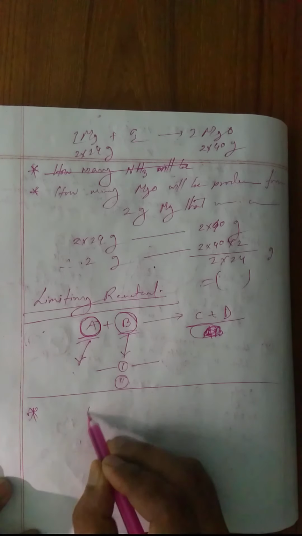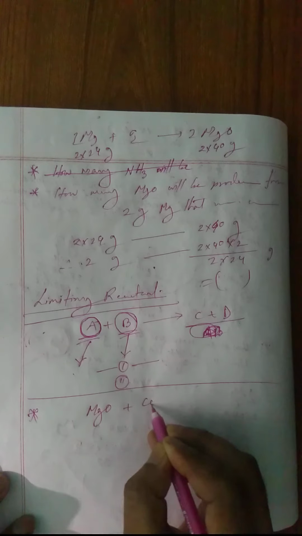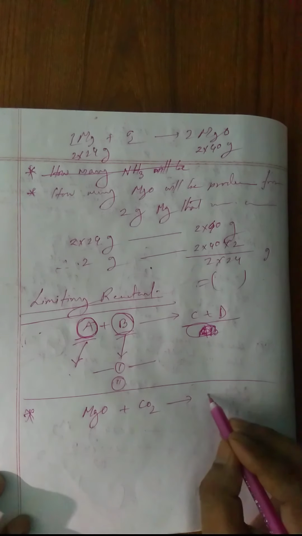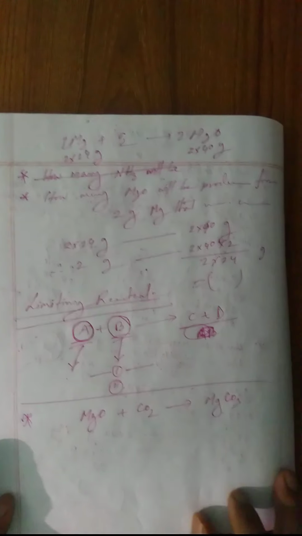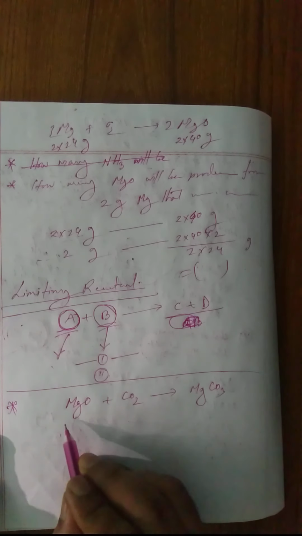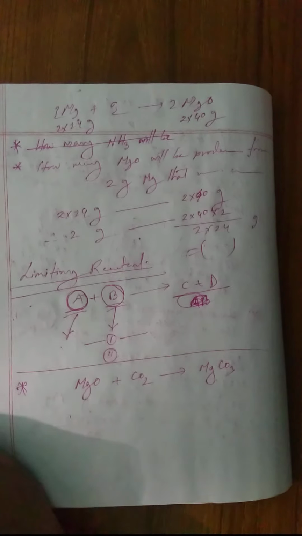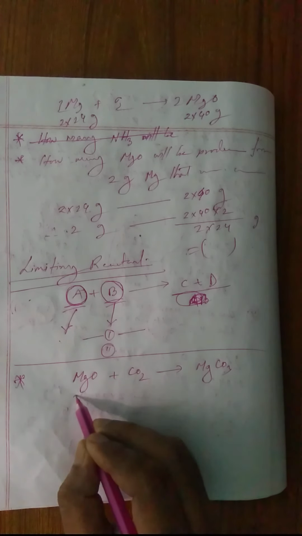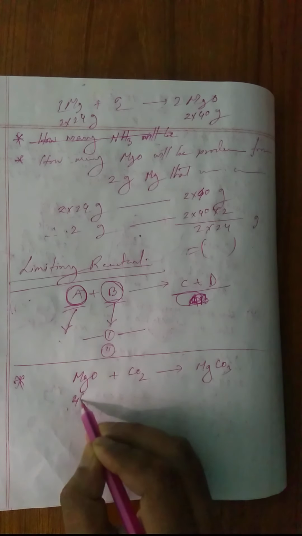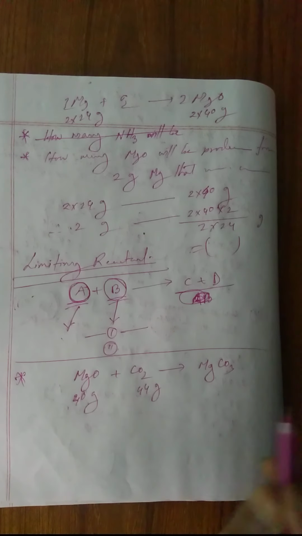A reaction is MgO plus carbon dioxide gives MgCO3. It is a balanced reaction. 40 gram MgO, 44 gram CO2.